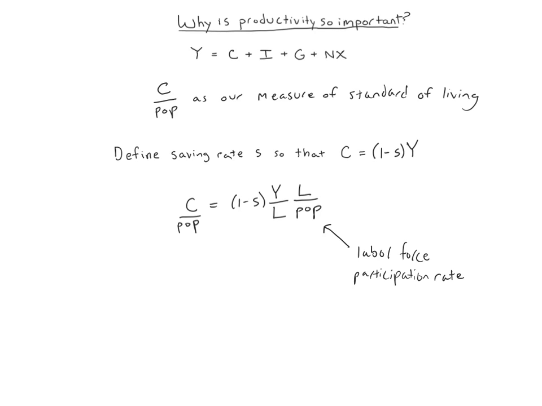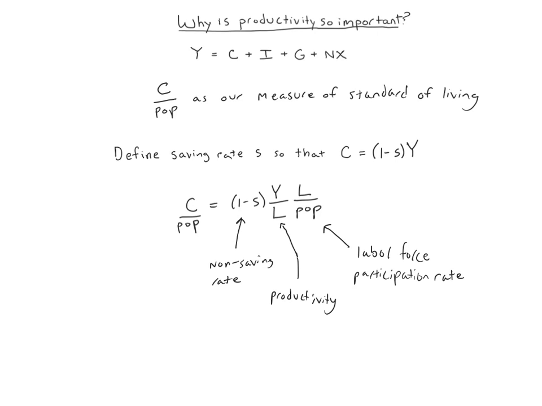You could also get more workers per population by, this is really more like hours worked, so you could have individual people working more hours too. But roughly speaking, it's labor force participation. So this is the non-saving rate. And then this term in the middle, the Y over L, is by definition productivity, which, as I said earlier, is short for productivity of labor.